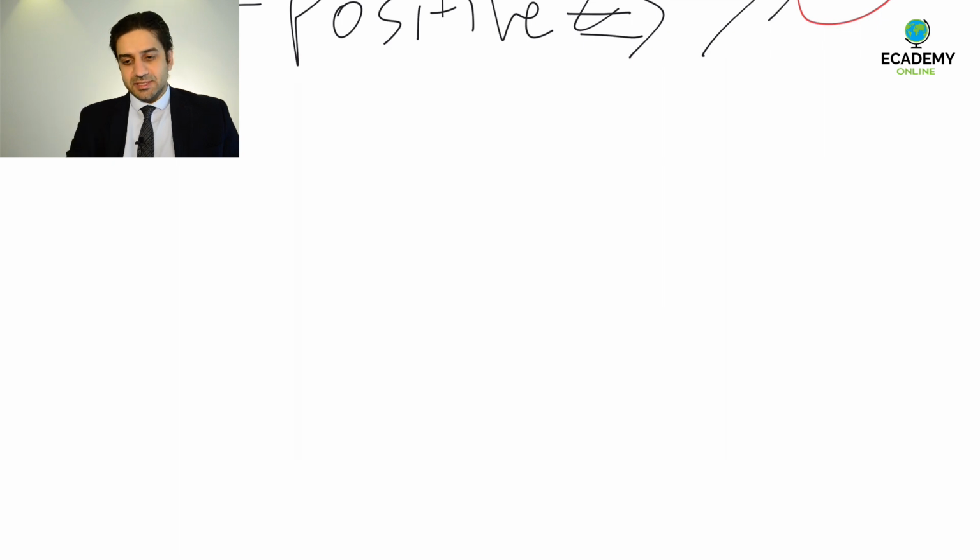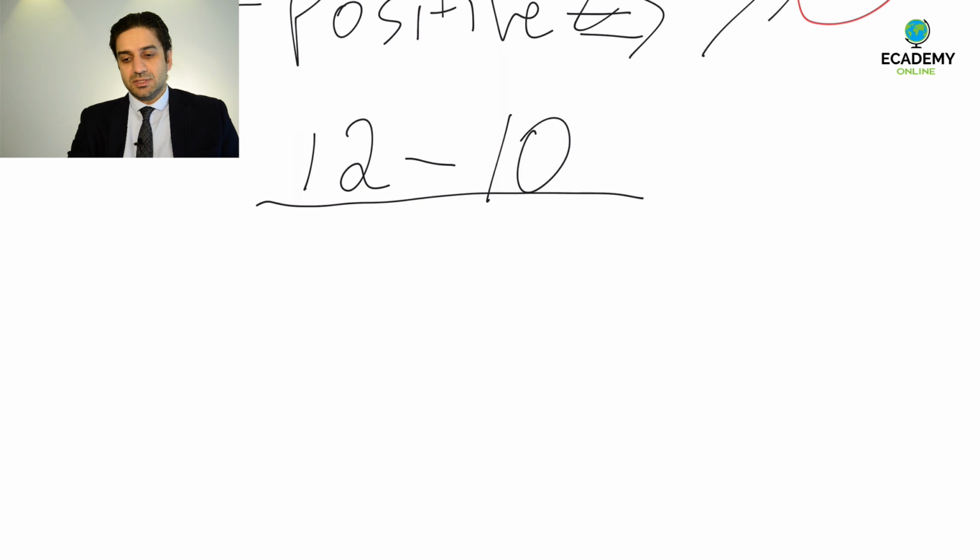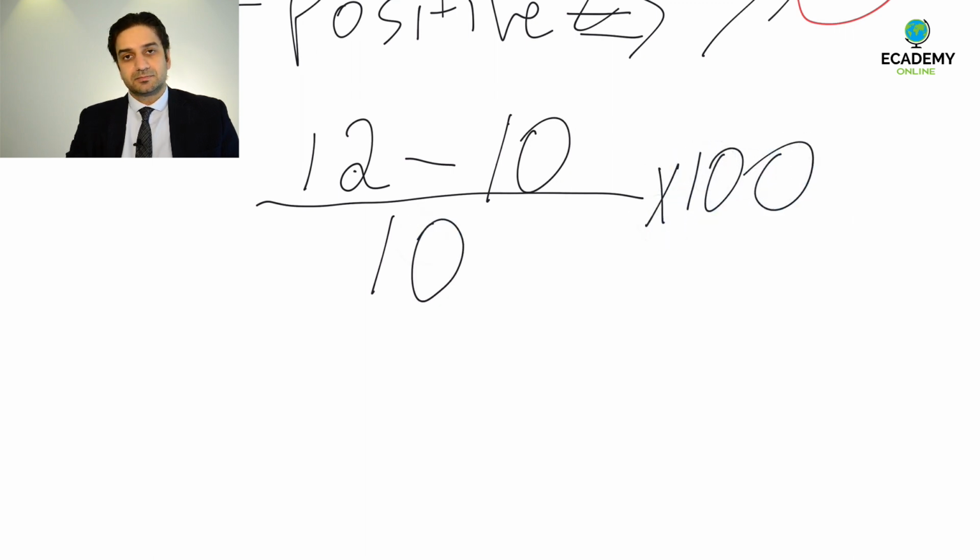One example, or the example that I used, is, let's say my new value was 12, my old value was 10, something increased or changed in price from 12 pounds to 10 pounds. I use the new value minus the old value over the old value, and then I multiply that by 100. In this case, I will have to carry out this calculation first, and then I will multiply it.